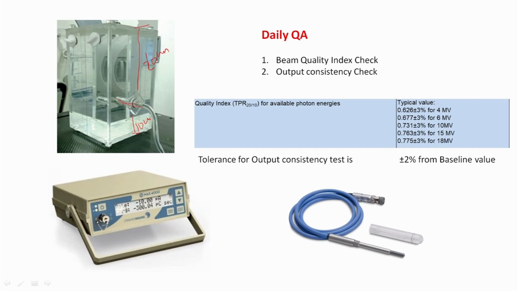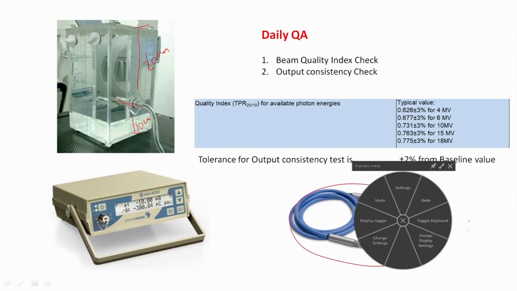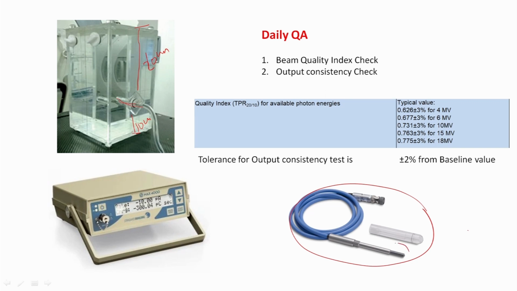This is why it is called a TPR 20/10 phantom. Then you require an ionization chamber, a Farmer ionization chamber, which is a large volume ionization chamber placed over here, and you require an electrometer.